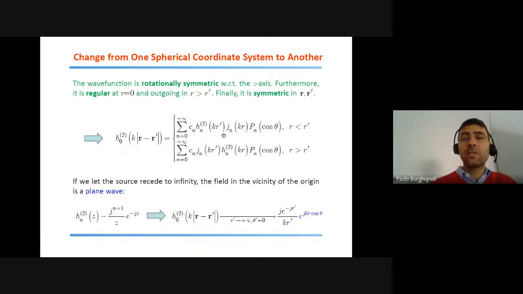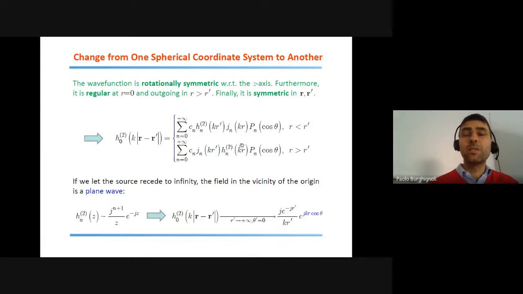You can see that the radial dependence should be expressed by a Bessel function j, because we wish the potential to be regular at the origin. Whereas outside the source, the dependence should be expressed by a Hankel function of the second kind, because we wish to have an outgoing behavior of the waves, that is, waves that propagate from the source towards infinity.